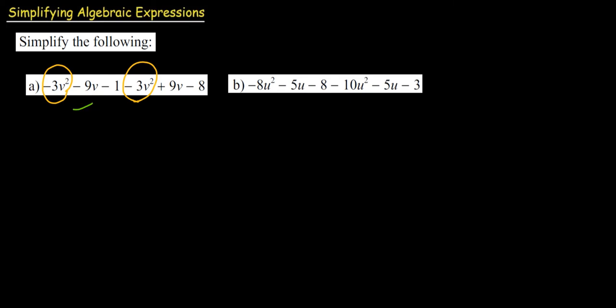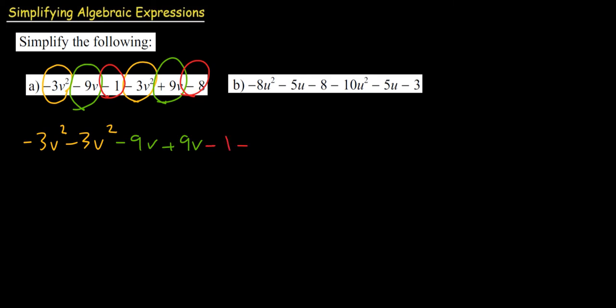We've got v and v, and then we've got numbers. So let's write those down then. We've got negative 3v squared, negative 3v squared. Then we have negative 9v, positive 9v, and then for numbers we've got negative 1, negative 8.